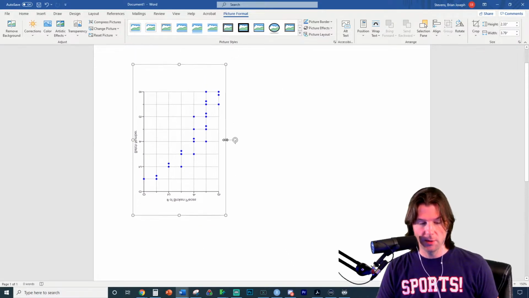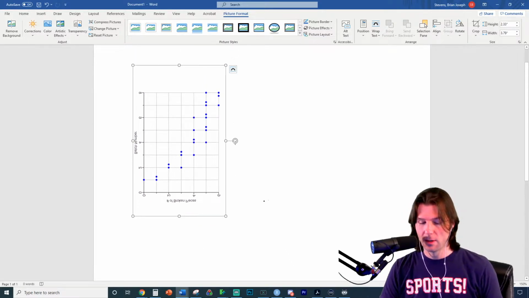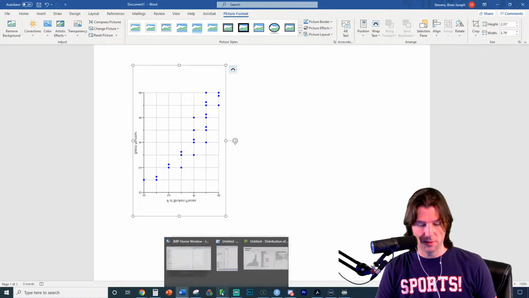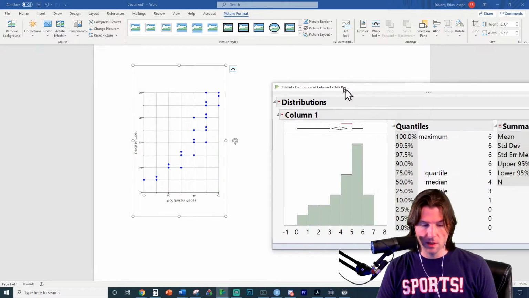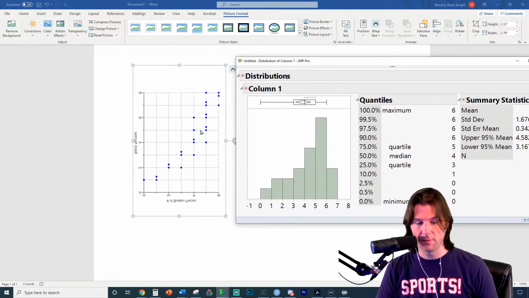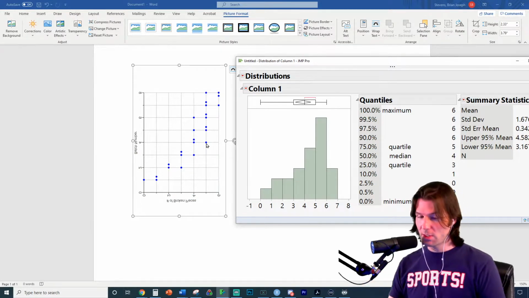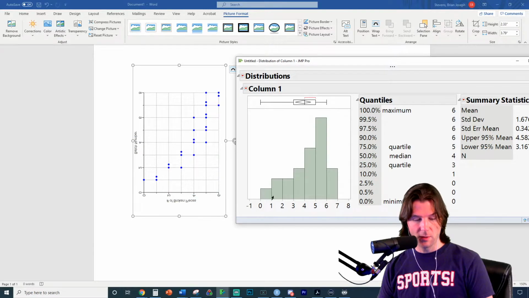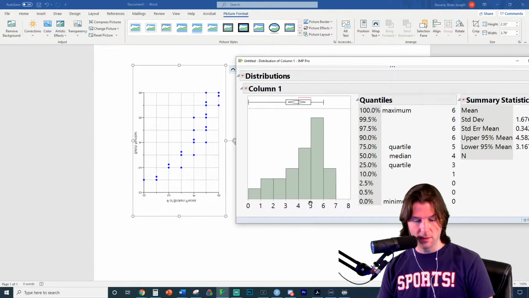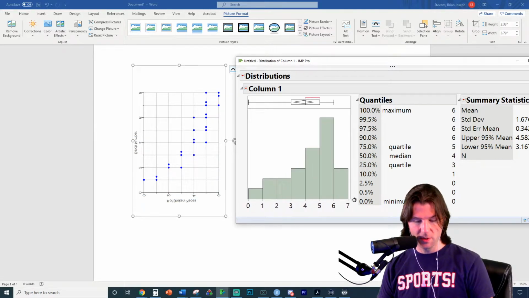But if you look at this right here, we can show the JMP picture on the side. If you were to drop these points down, like if these points were to fall down, hopefully people can imagine what I'm imagining. If this point fell down here, it would fall into this bin right here. I wish I could do some transparency, opacity stuff.